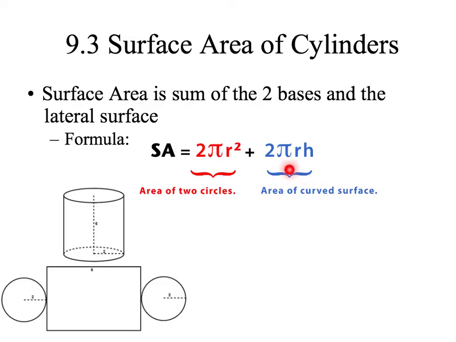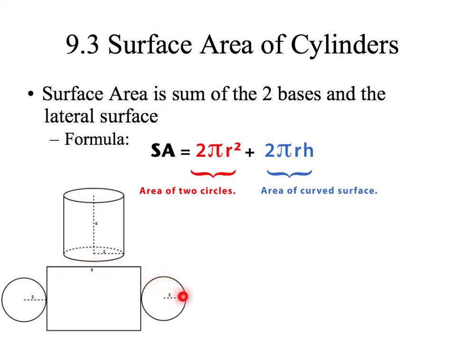The area of a curved surface is kind of interesting. If you unwrap the paper around a soup can, believe it or not, it opens all the way up into a rectangle that looks just like that. The height of the cylinder is the 6.